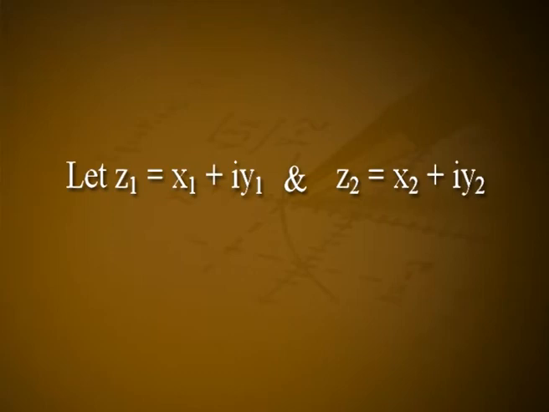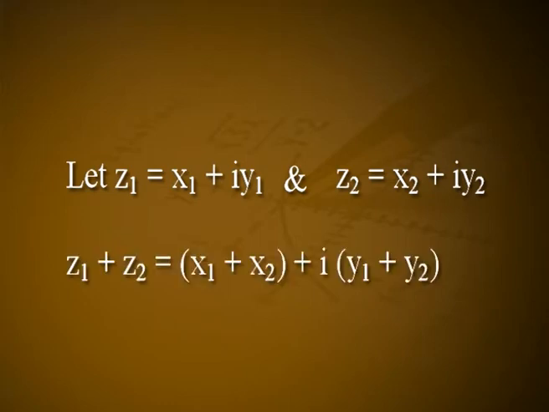This can be verified by taking z1 = x1 + iy1 and z2 = x2 + iy2. z1 + z2 = (x1 + x2) + i(y1 + y2). e^z1 into e^z2 is equal to e^(x1 + iy1) into e^(x2 + iy2), which is equal to e^(x1 + x2) into e^(i(y1 + y2)), which is equal to e^((x1 + x2) + i(y1 + y2)), which is equal to e^(z1 + z2).